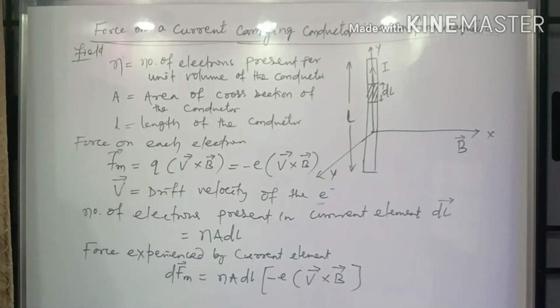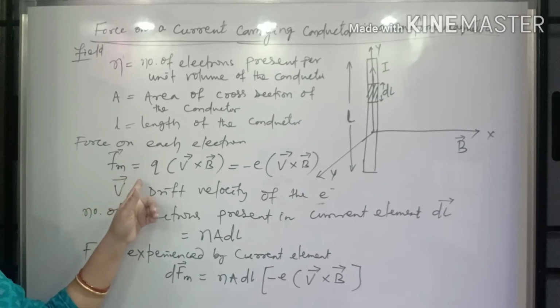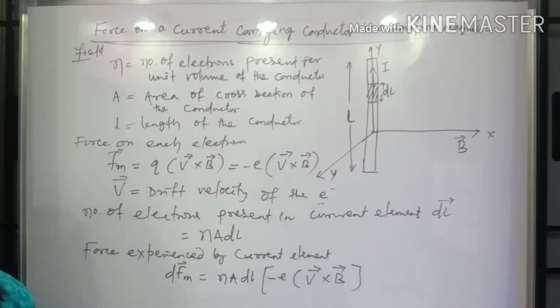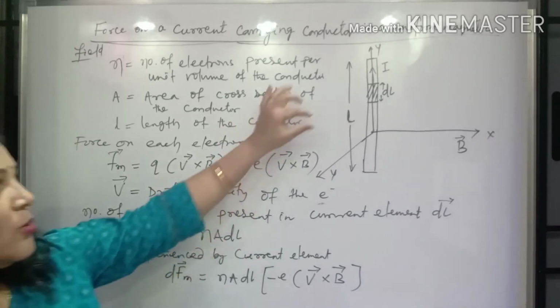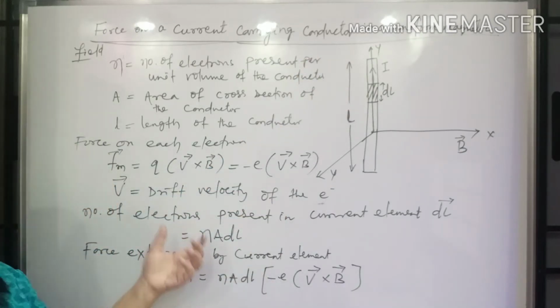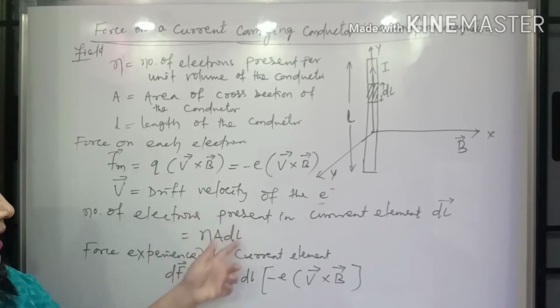You understood what I have written? So look here, what does this small fm stand for? This small fm stands for the force experienced by a single electron. Now when we are finding the force experienced by the length dl, we have already calculated the total number of electrons in that small elementary length: NaDl.